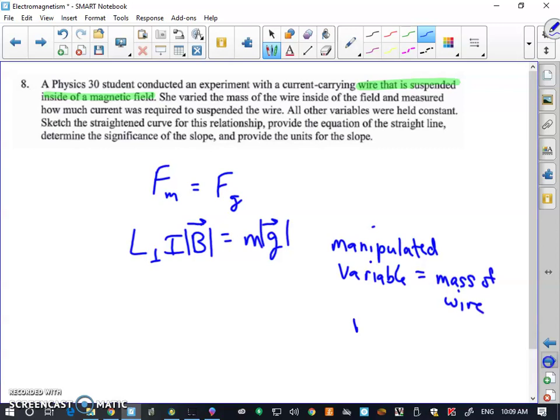Now, what is the responding variable here? The current. It says here, right? Measured how much current was required to suspend the wire.